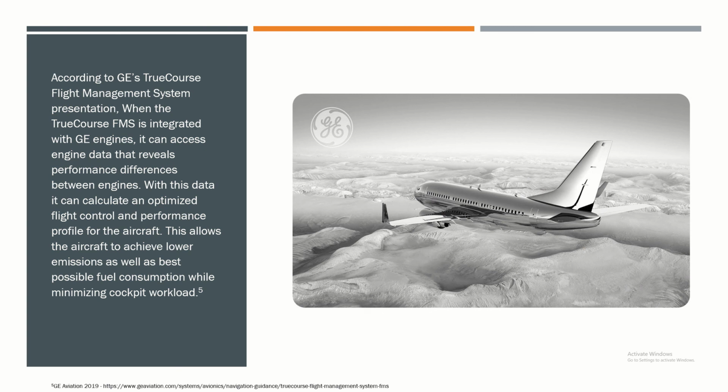This allows the aircraft to achieve lower emissions as well as best possible fuel consumption while minimizing cockpit workload. So if you're able to get this new True Course flight management system with an aircraft that's equipped with GE engines, you're pretty much going to have top of the line avionics and the best flight management system you could really be offered.